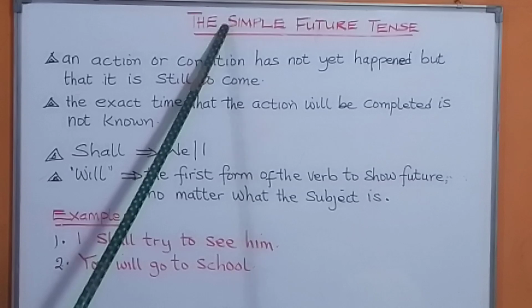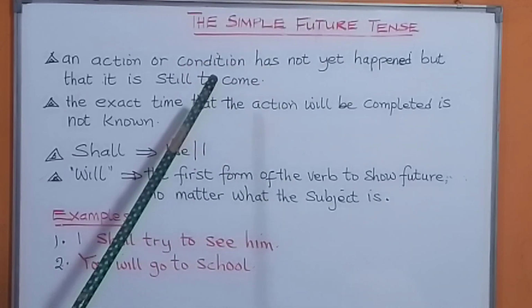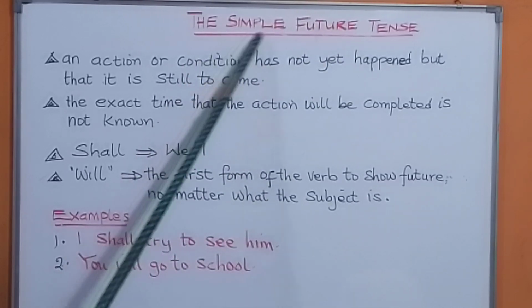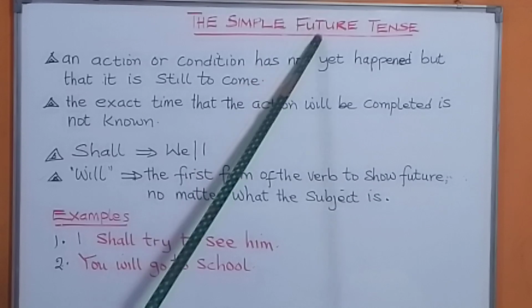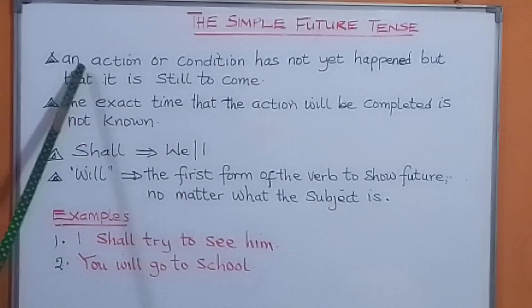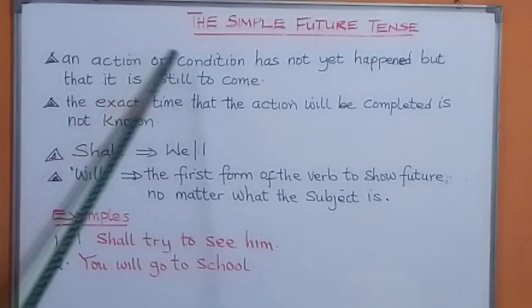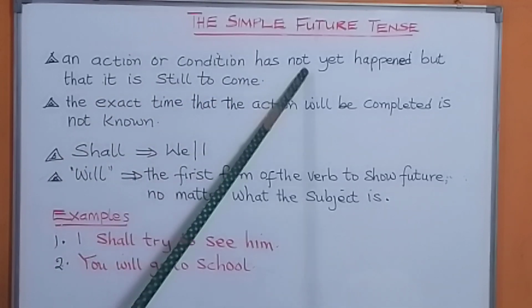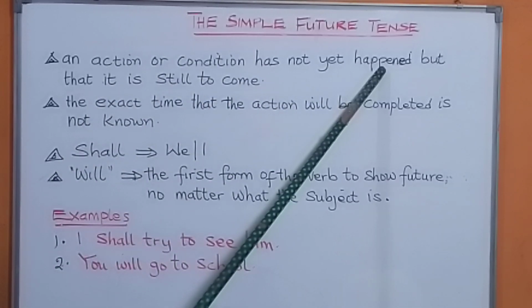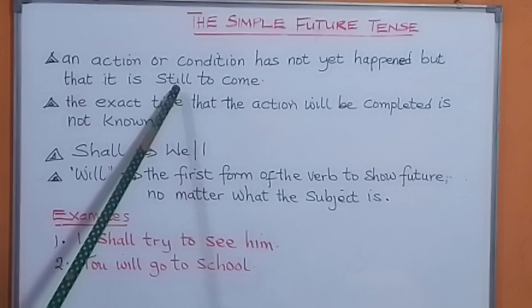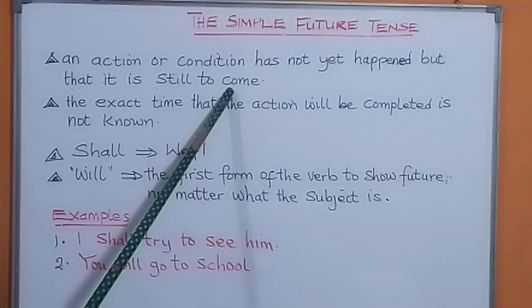Now, I said simple future tense. What do you need to know about simple future tense? You should know that it talks about an event, an action, or condition that has not yet happened, but is still to come. It's in the future.